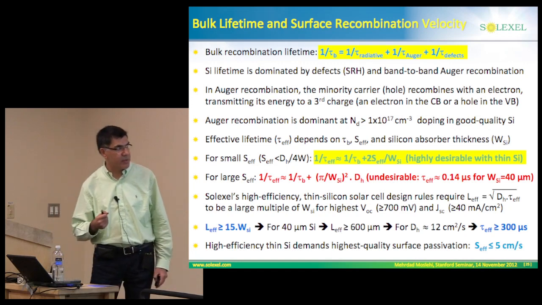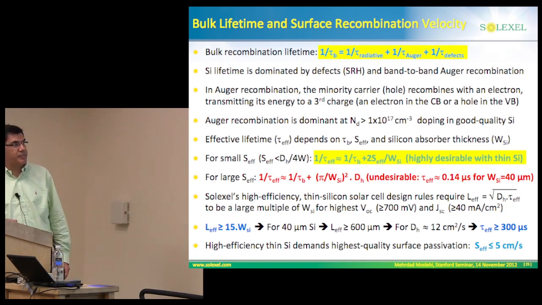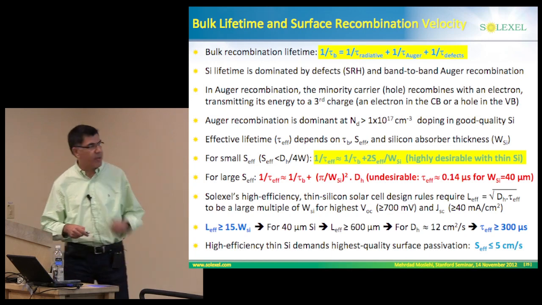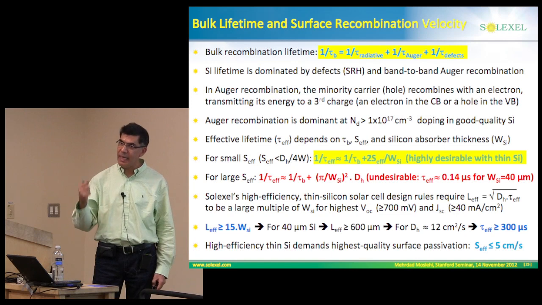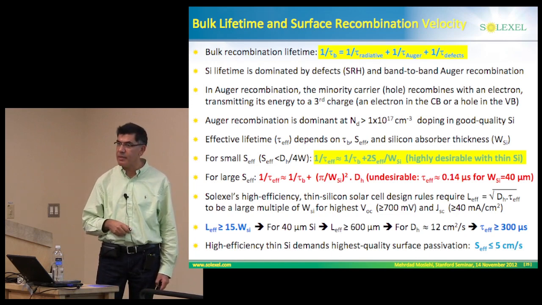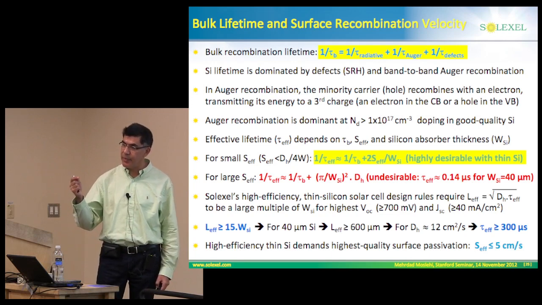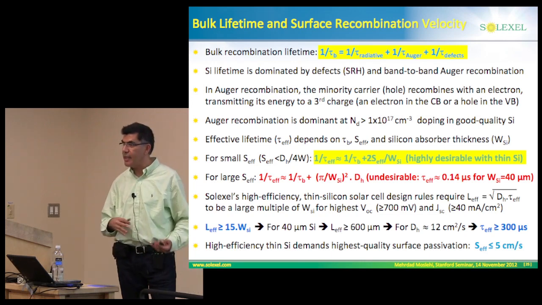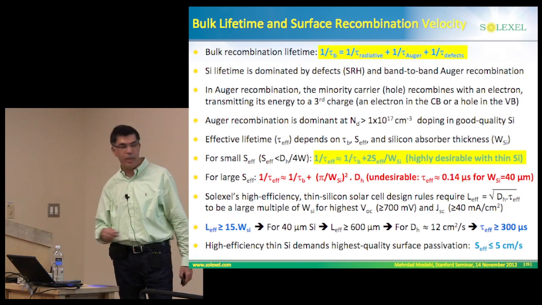In the case of Solexel's cell architecture, we have a design rule that demands that L effective, or effective minority carrier diffusion length, should be at least 15 times the thickness of the absorber. This is particularly a requirement for high VOC, and it meets the JSC requirement; the JSC requirement is actually a lower multiple.